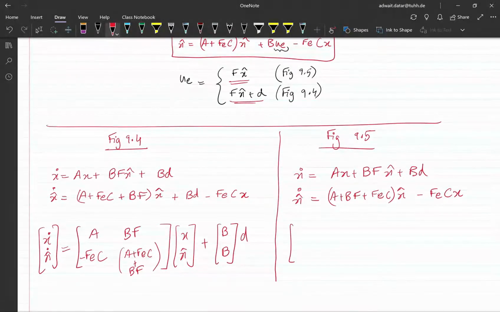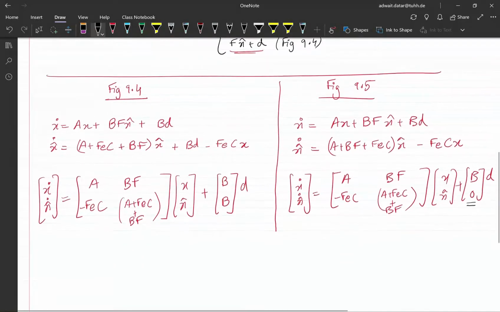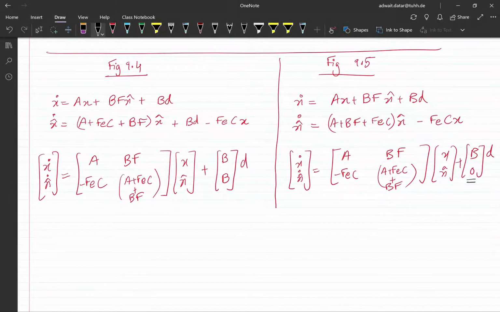So that now in the matrix form looks like, so the first matrix remains the same, but now we have a 0 here next to x hat. Now note that we have x and x hat as the state variables now.